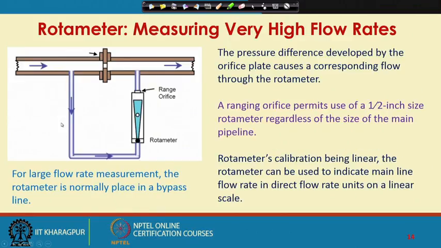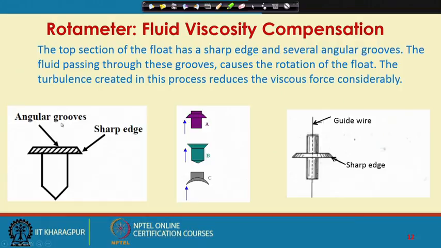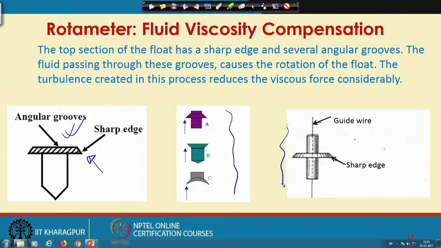So, these are the angular grooves, and these are the sharp edges. Some other design of the float, you can see the sharp edge. This sharp edge will create similar turbulence for low flow rate as well as high flow rate.